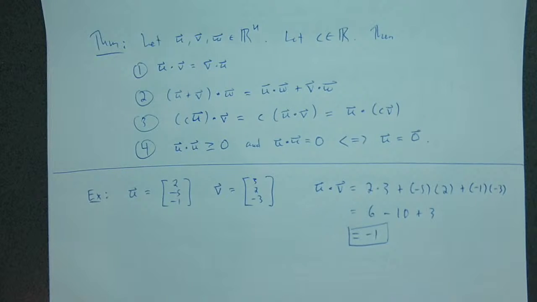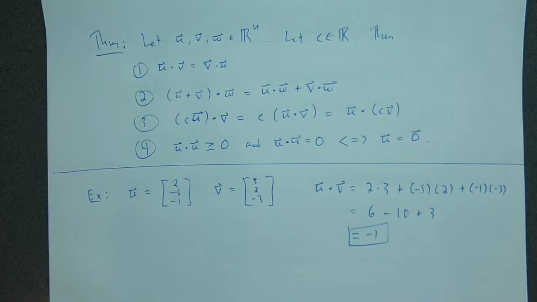Now you might be tempted to ask, what does the number that you get out of this mean? And you might have a hard time finding some geometric meaning in the number itself for two given vectors, unless that number is a particularly special number. So you already know what I'm going to say here, right? If you dot two vectors together and that's 0, that tells you something special geometrically.